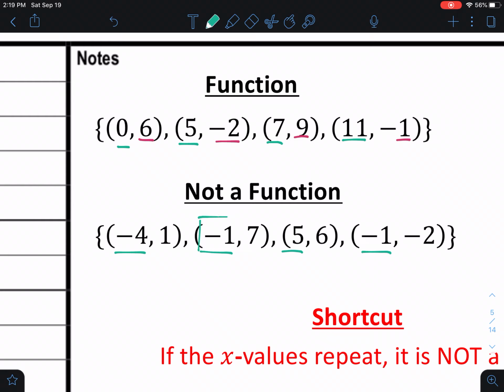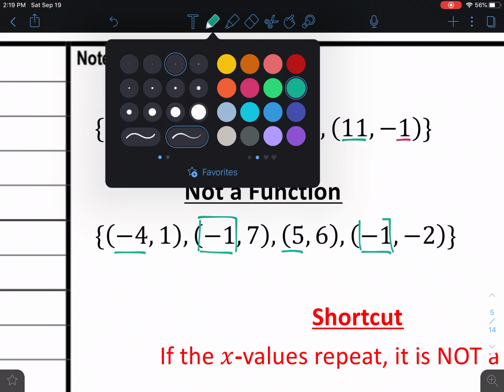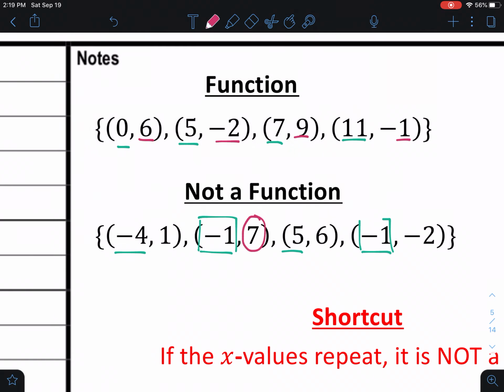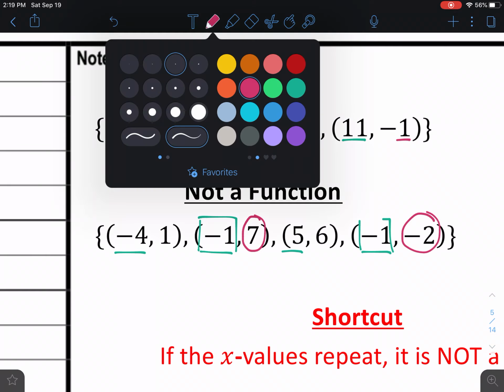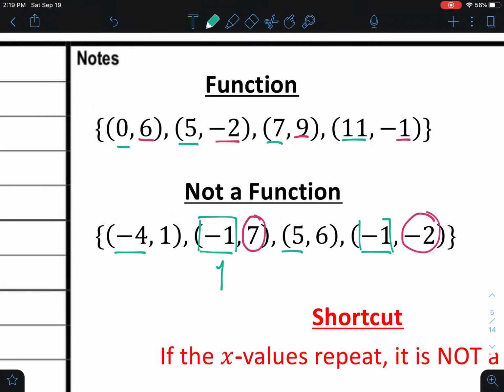So these two right here are the same x value, and you'll notice they go to a different y value. So this x value, -1, actually has two different y values here and here, namely 7 and -2. So it goes to two different values, so that makes it not a function.